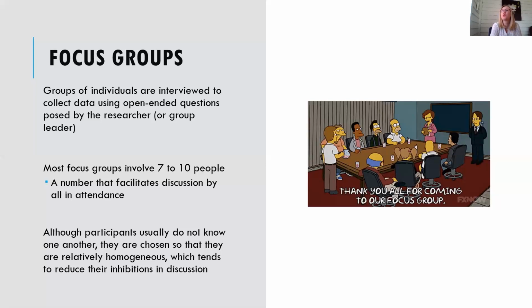Now, that means when we're thinking about background or control variables, we want to make sure that there aren't too many big differences so that when people are comfortable with other people in the room, they can reduce their inhibitions, okay, and say what they really mean or what they really feel. Again, think about race as a factor here.